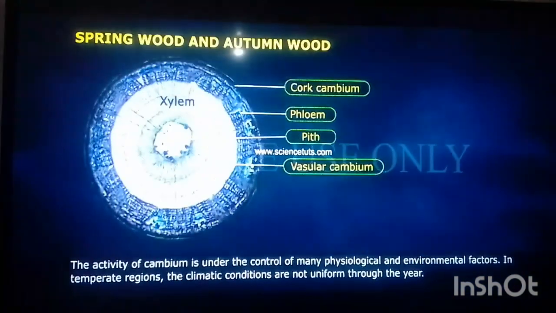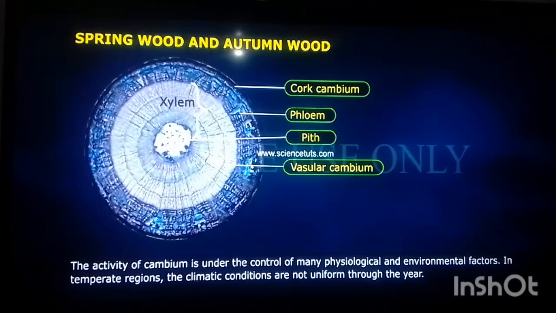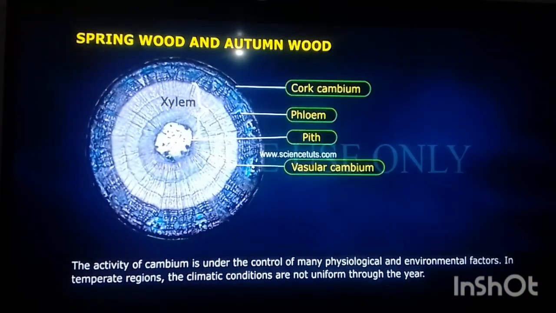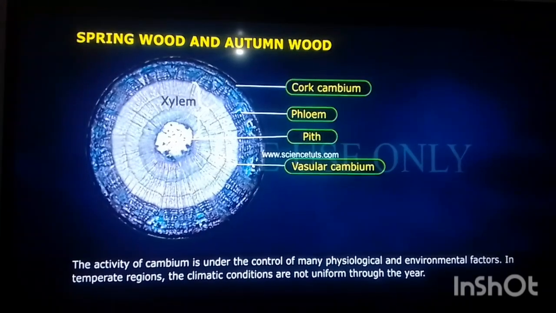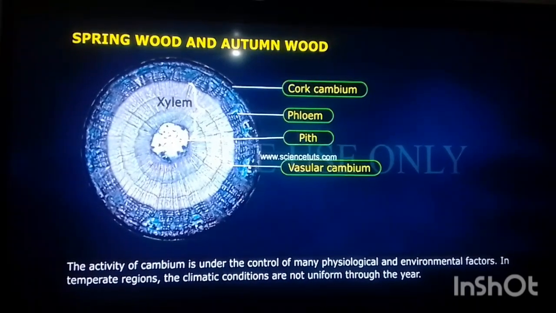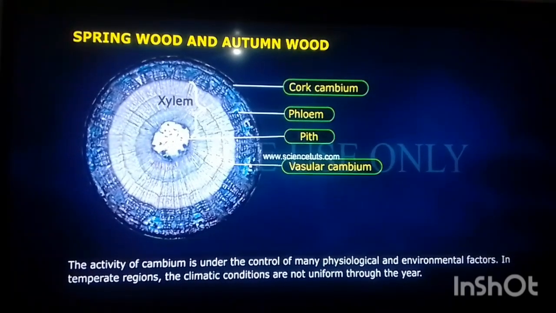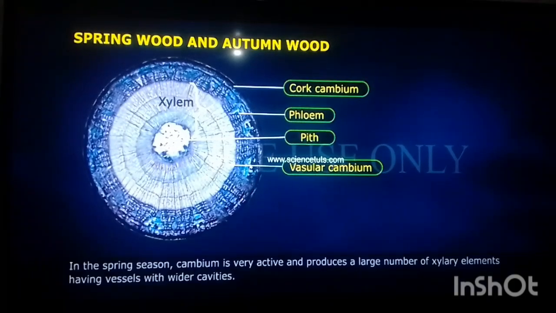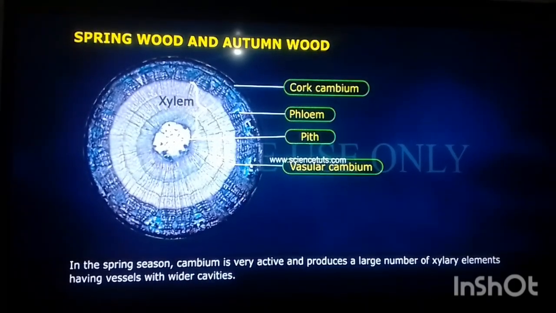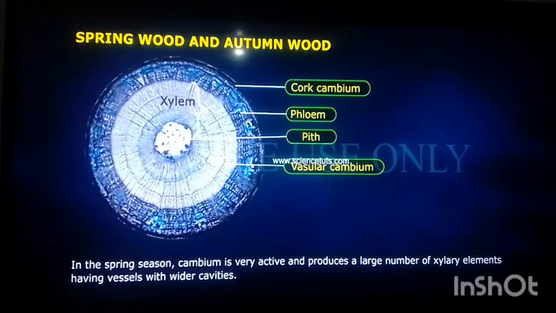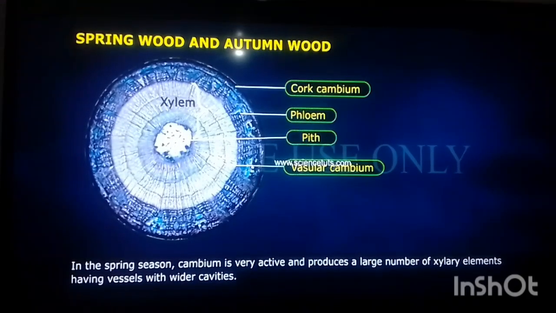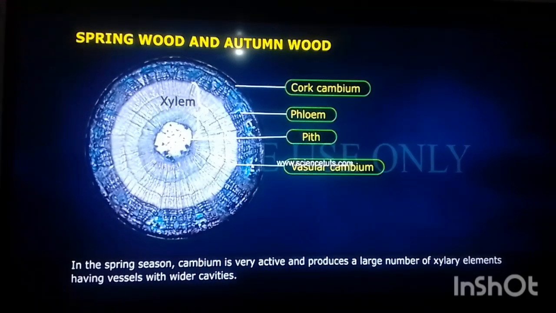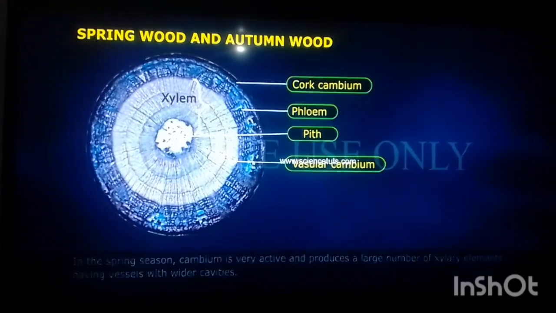Springwood and autumnwood. The activity of cambium is under the control of many physiological and environmental factors. In temperate regions, the climatic conditions are not uniform through the year. In the spring season, cambium is very active and produces a large number of xylary elements, having vessels with wider cavities.